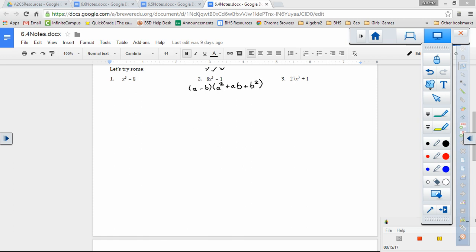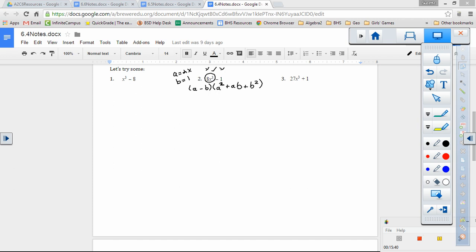Okay? And then let's figure out, if I cube root 8x to the third, I'm going to get, for a, 2x. 2 times 2 times 2 is 8. x times x times x is x cubed. And again, we said that the cube root of 1 was 1.